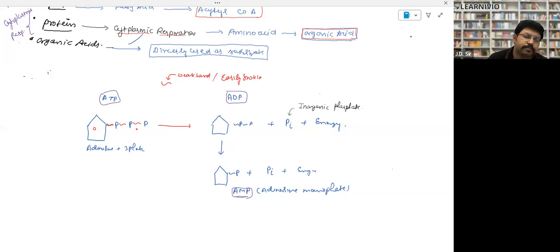Full stop. Next point. The most common respiratory substrate is glucose.